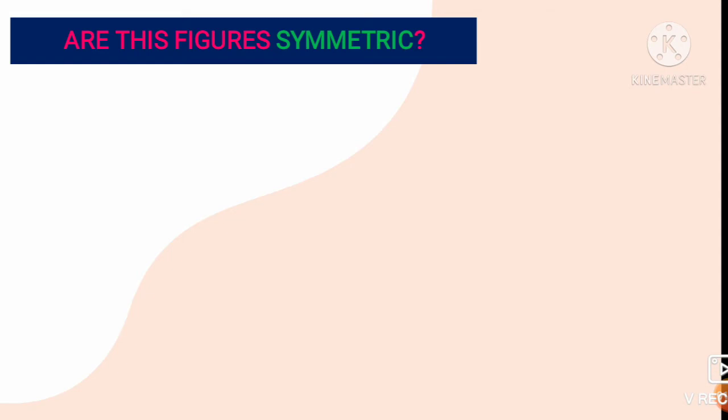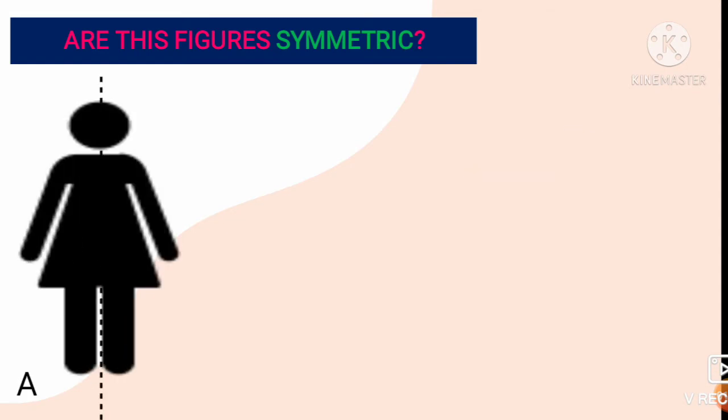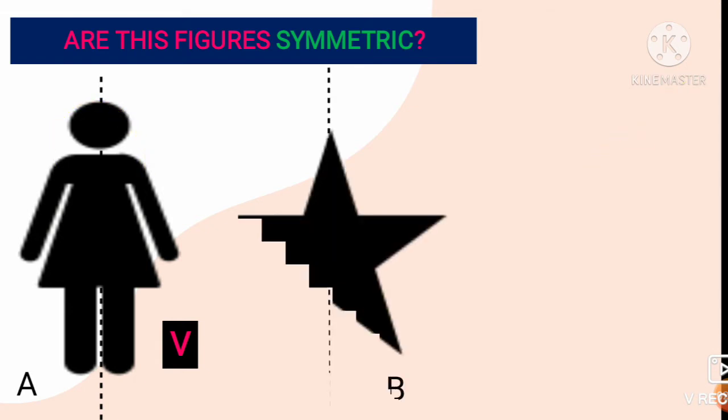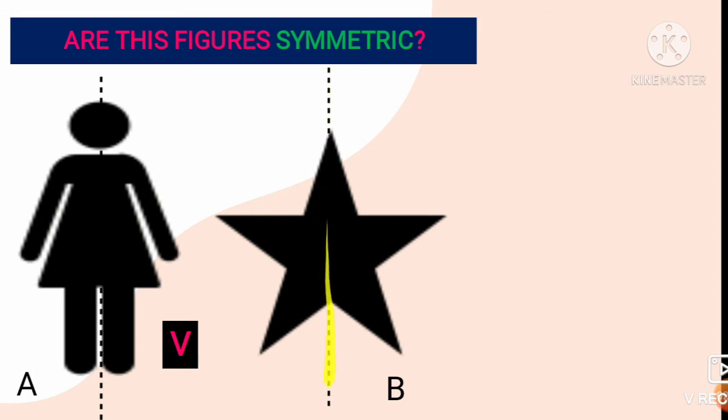Now let's learn, are these figures symmetric? Look at this leaf and you can put the line in the middle. Is it symmetry? Yes, exactly. It can divide into two, fit exactly. What about this star? If you put the line in the middle, could it divide exactly?